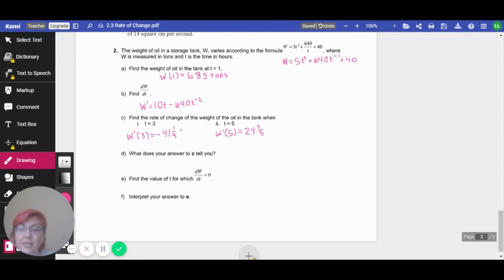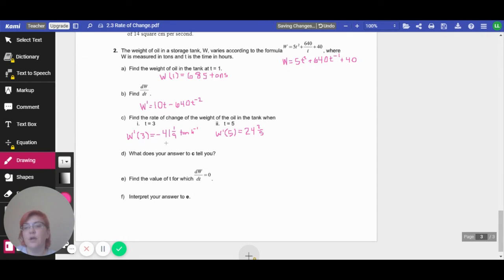Now I know that this is going to be tons per what? Well, t is my time in hours, so it's h to the negative 1.